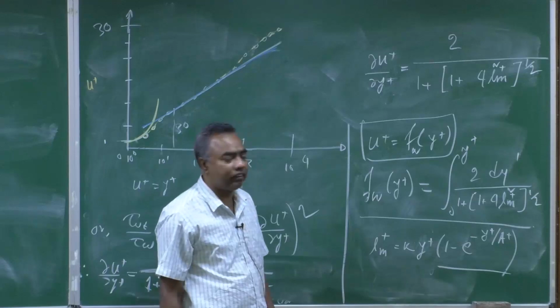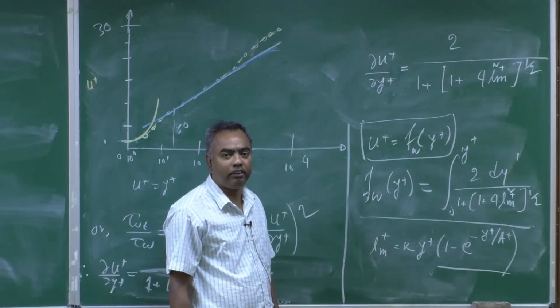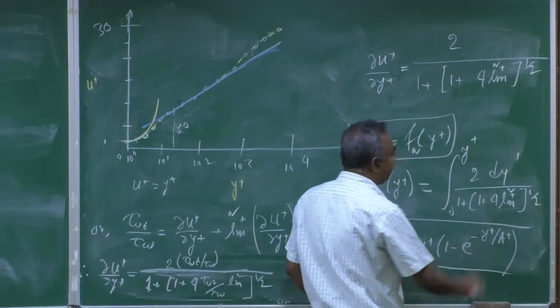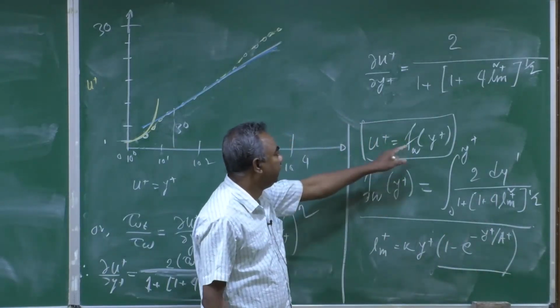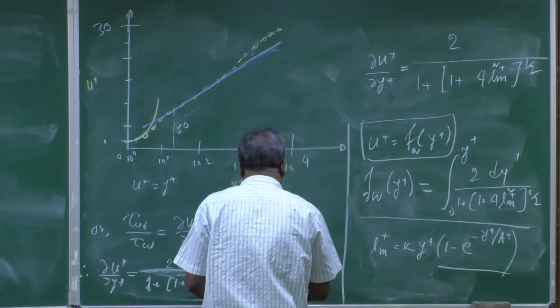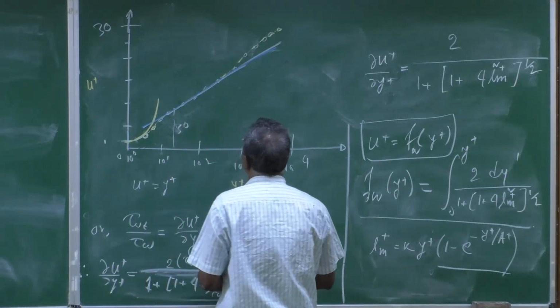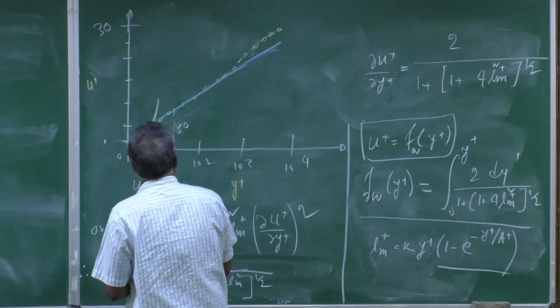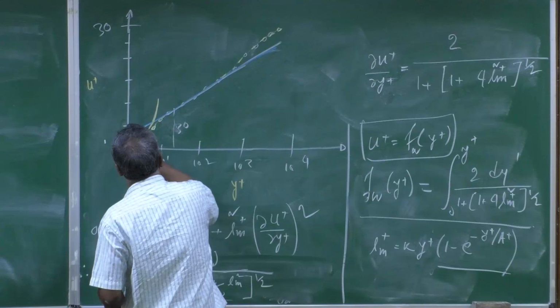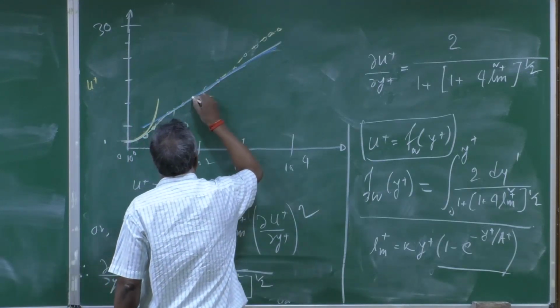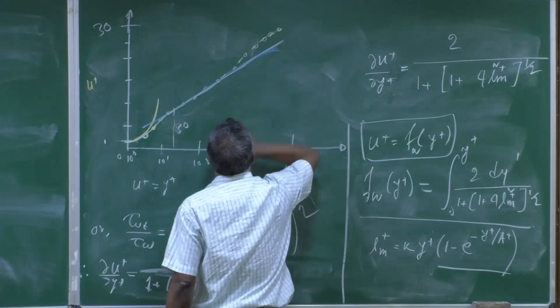So, this is known as the Van Driest damping function. Now if you consider this expression in this equation and integrate, that will give you the profile.